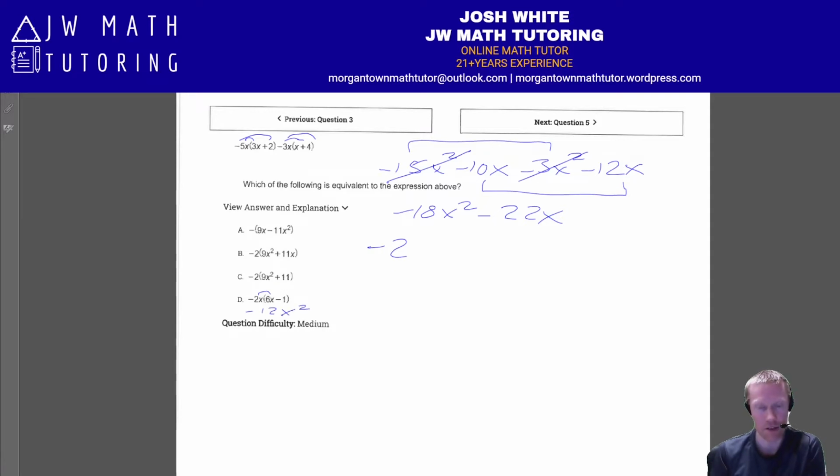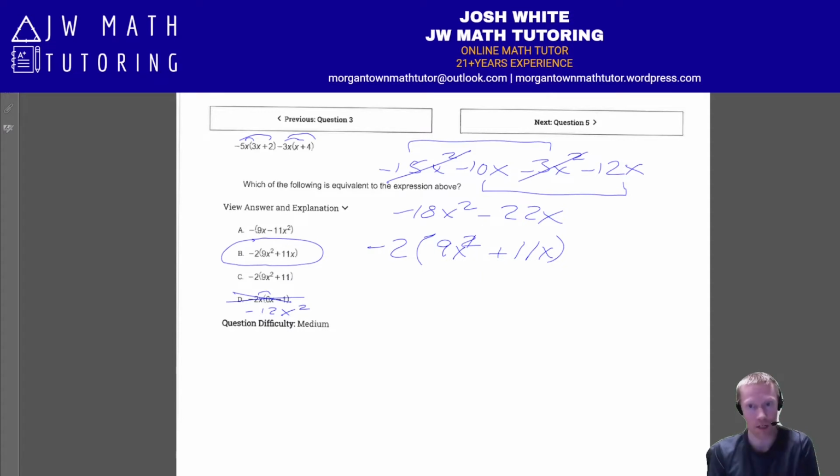And that's not the same as negative 18x squared, so this one's wrong from the beginning. So I'm only going to factor out a negative 2, and that's going to leave me with 9x squared. And then it should also leave me with plus 11x. So for this one, it looks like the correct answer choice is letter B.